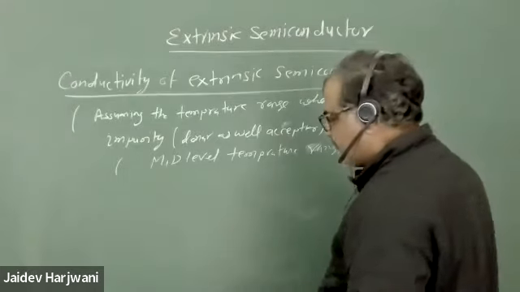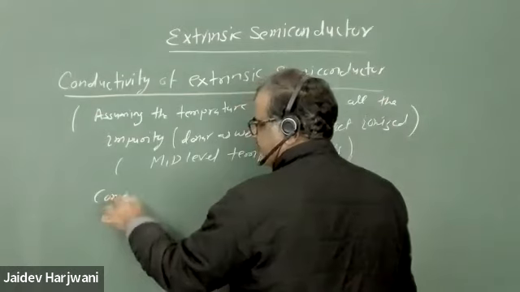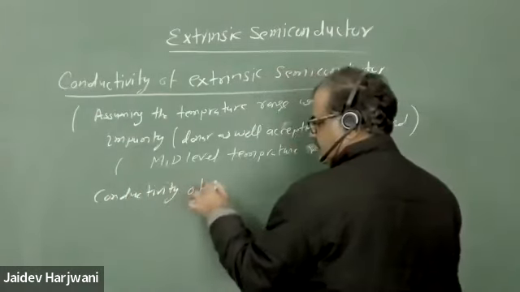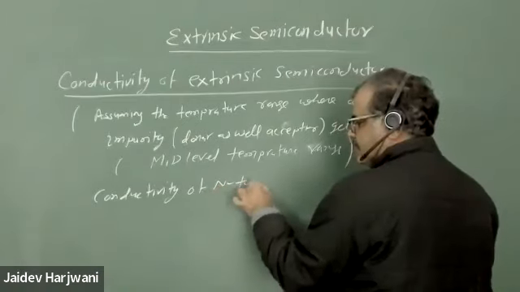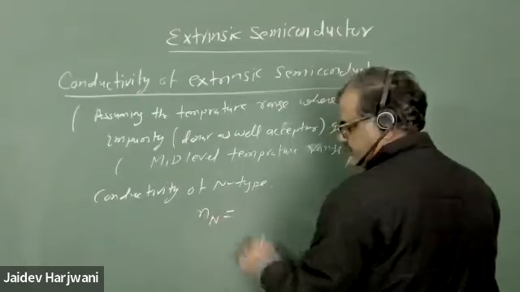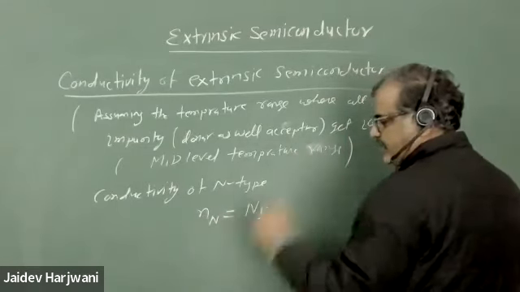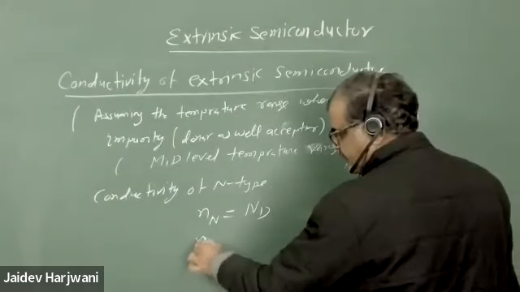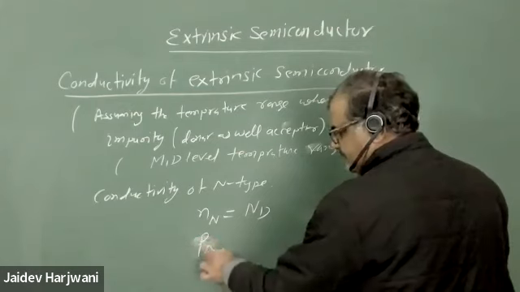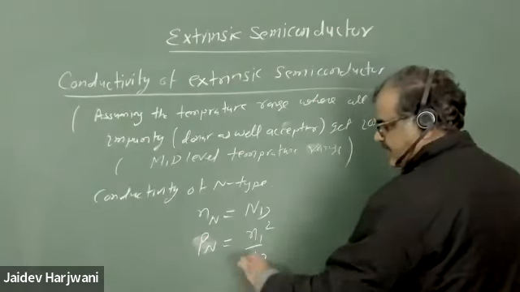So now if I want to calculate the conductivity of n type: I know the number of electrons in the conduction band is equal to Nd, assuming complete ionization, and the number of holes in n type is equal to ni square upon Nd.